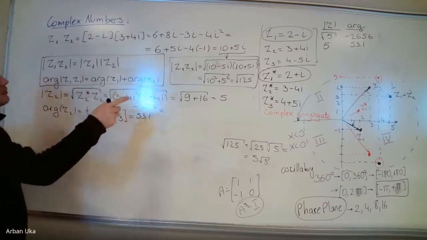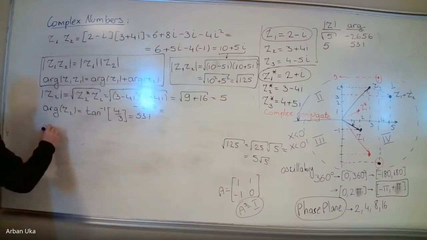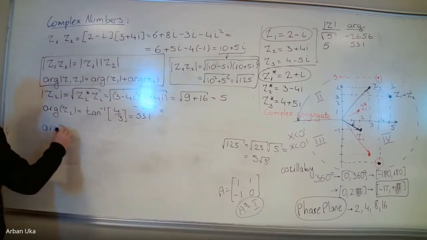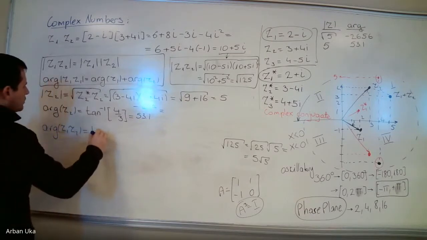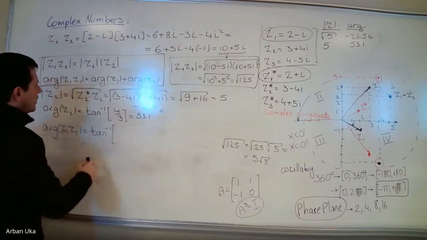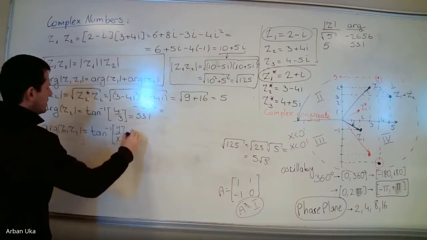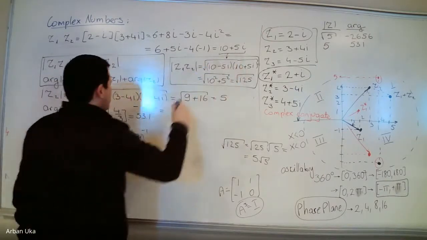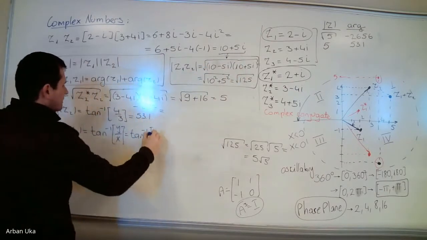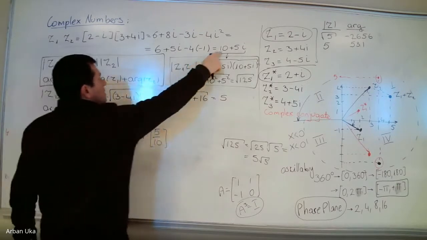Now, what is the argument? We found both, right? Now let's find the argument of z1 times z2. What is it? This is going to be equal to the tangent inverse of y over x, right? So this will be tangent inverse of 5 over 10, because this is the number.